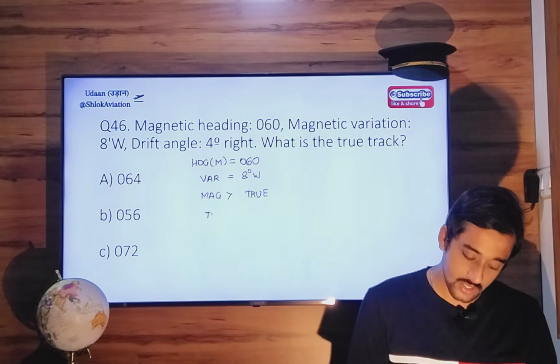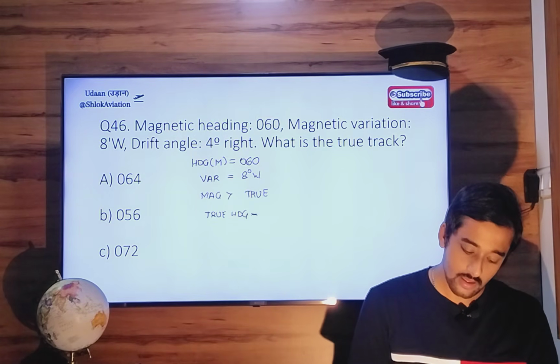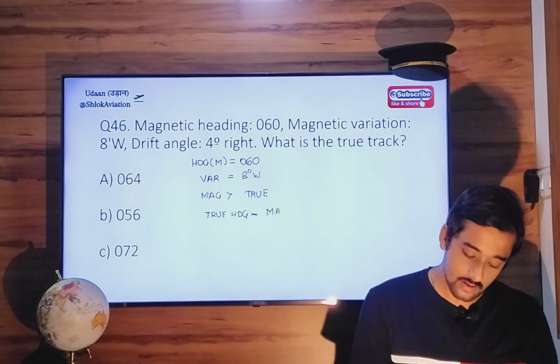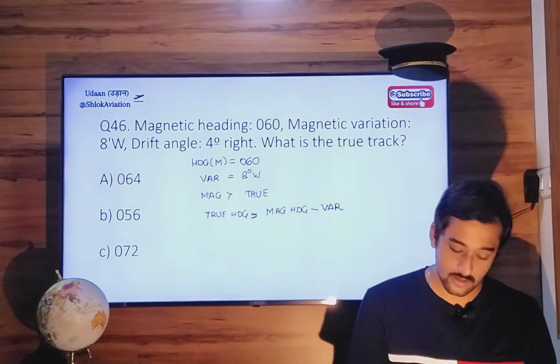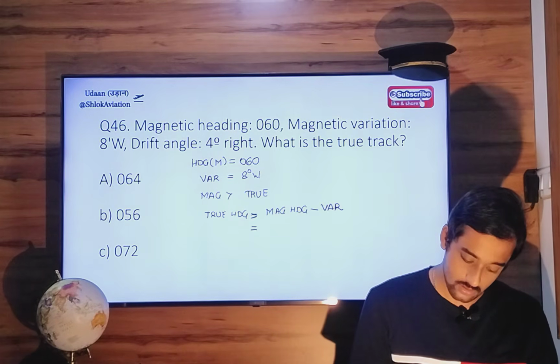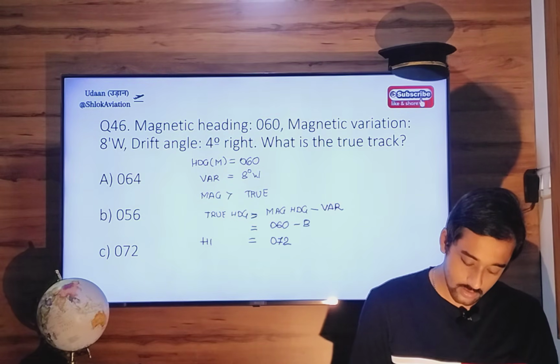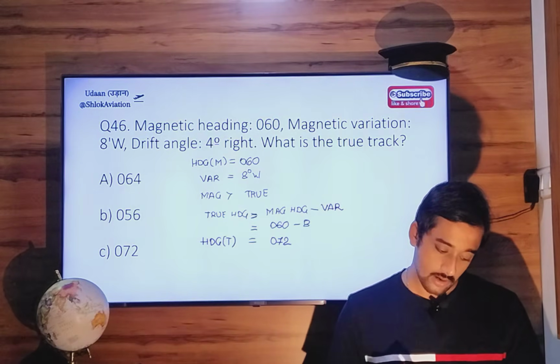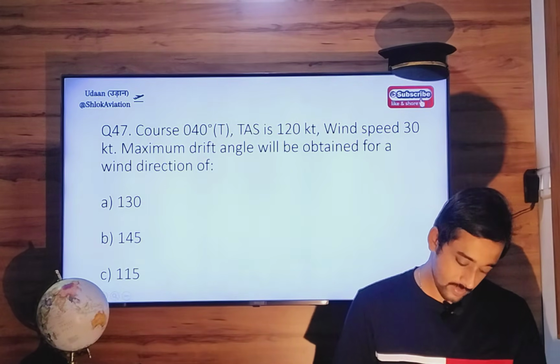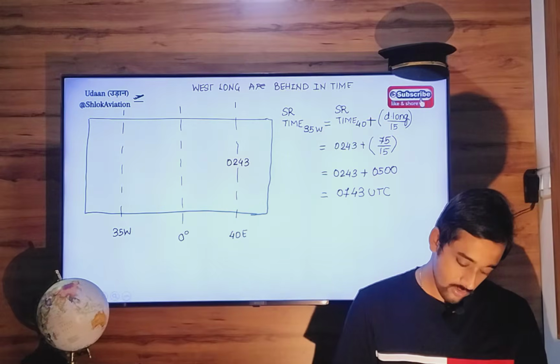So true heading will be magnetic heading minus variation. 060 minus 8, 072. So true heading is equal to 072. Now drift is 4 degree right.